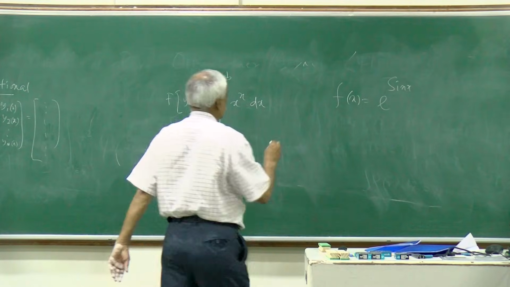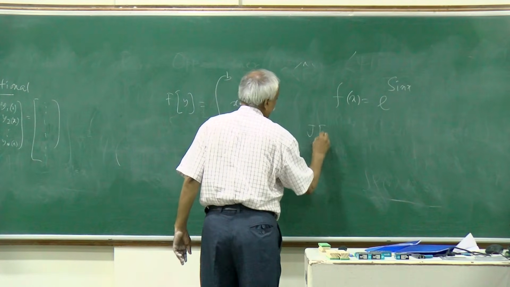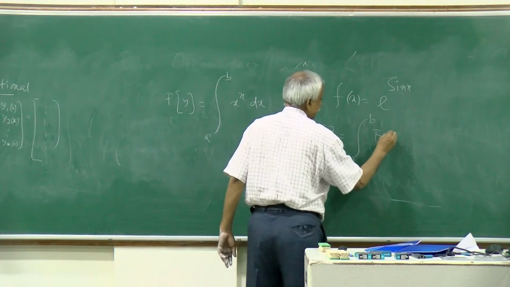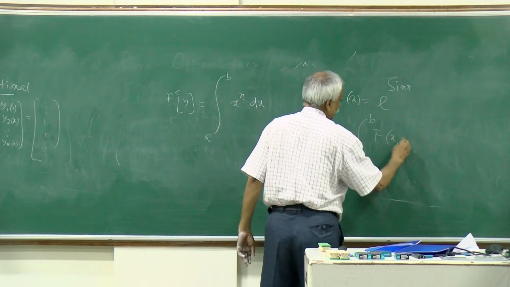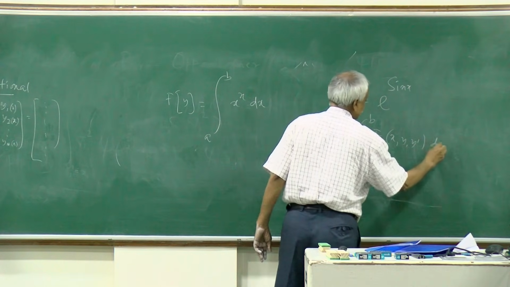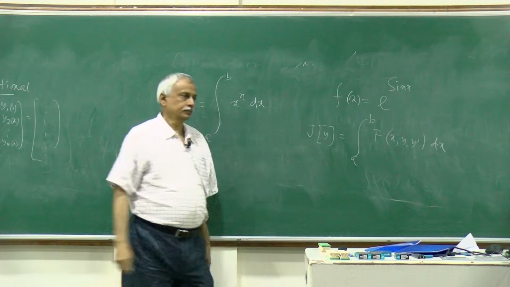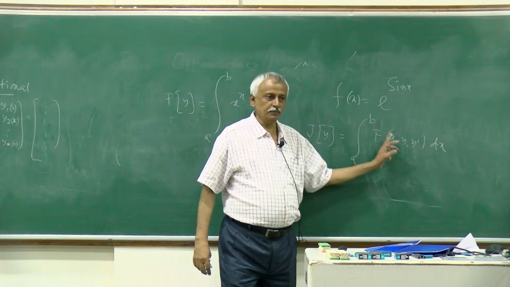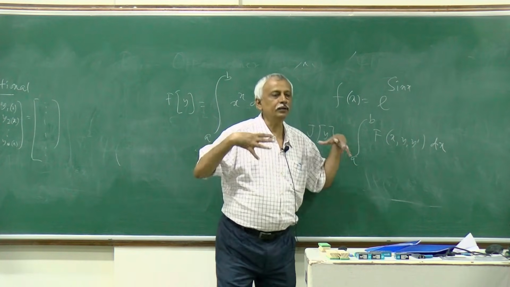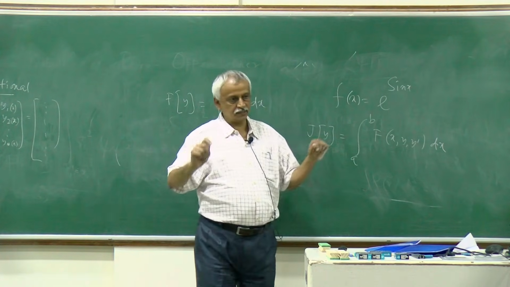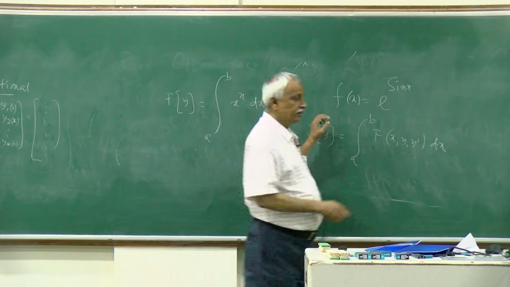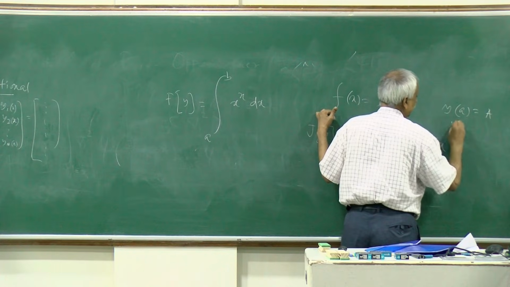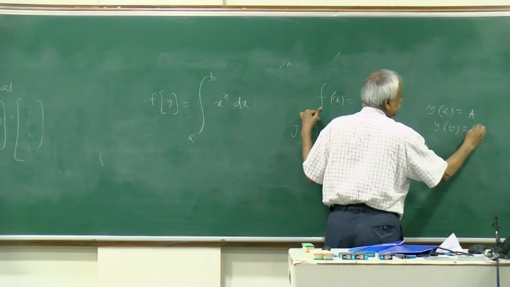So let me write a functional, let's say J of y is the integral from a to b of f(x, y, y prime) dx. So I have a simple function: y is a function of x, y prime is the first derivative. I want to define something where you have continuous first derivatives in a given domain a to b, and let's say I know that y at a and y at b are known.